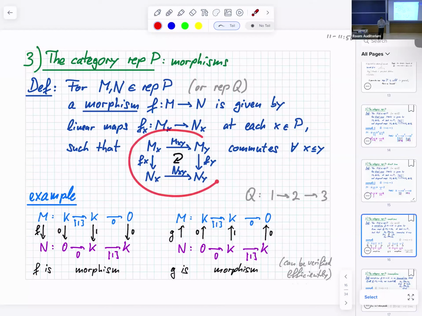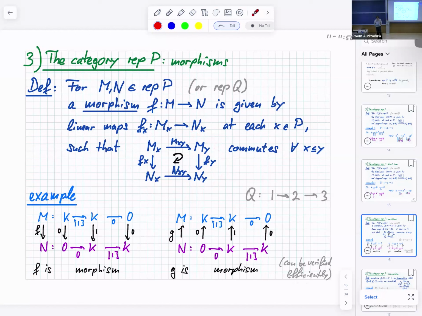So do they satisfy that commutativity relation at every single square that you can see? So let's do this democratically. I ask you the question, first F, then G, is it a morphism? And you raise your hand, and then we decide by some crowdsourcing which one is a morphism and which one is not. That's good?